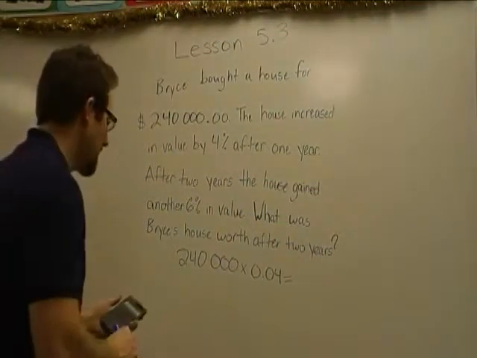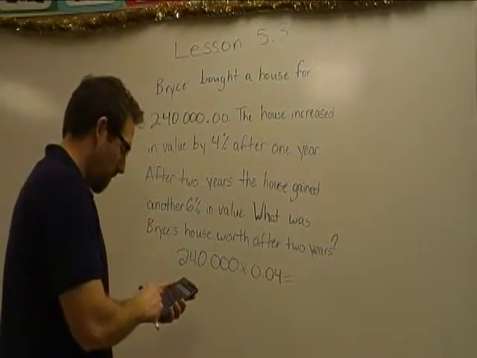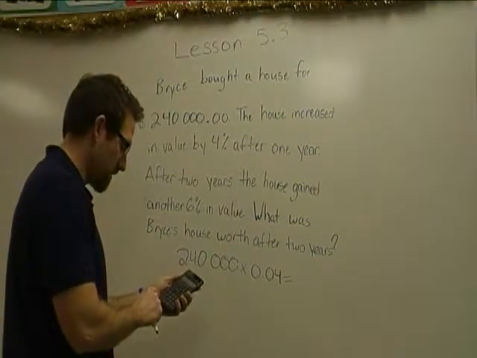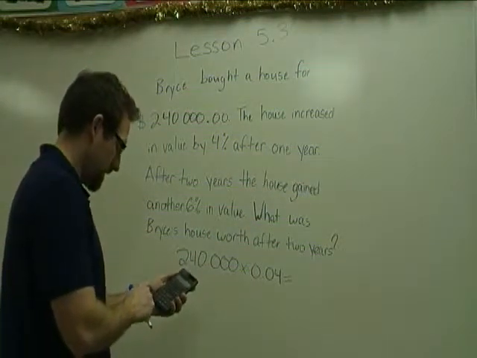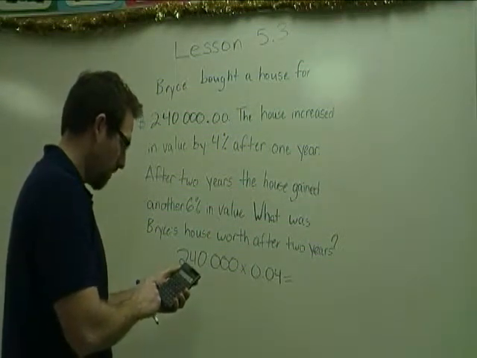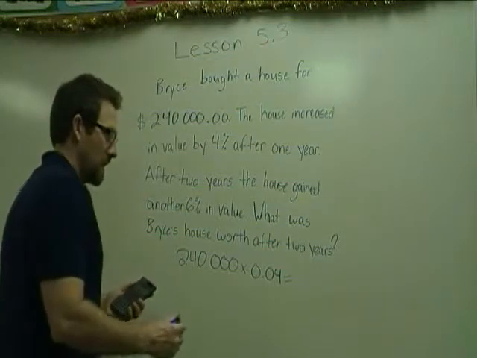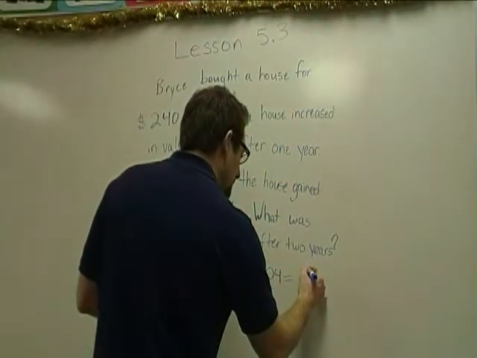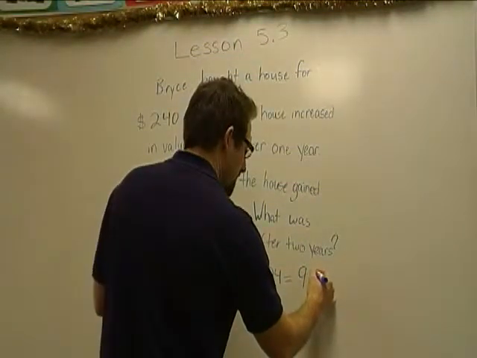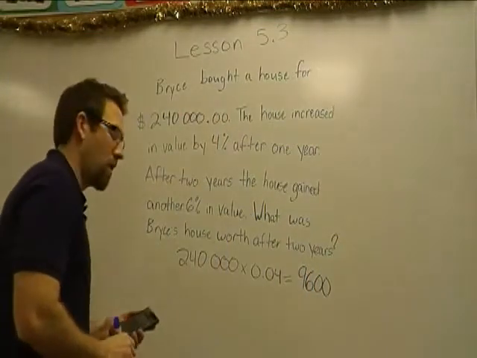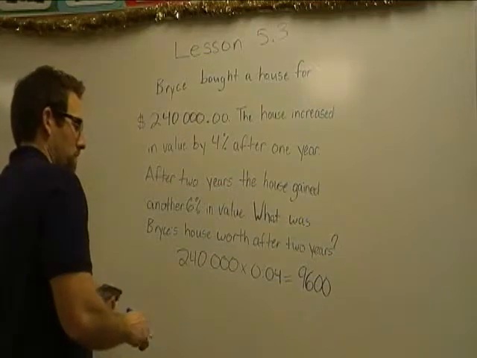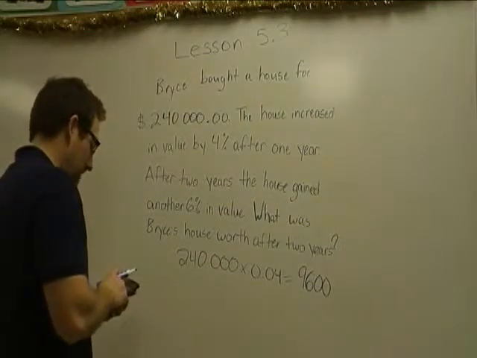So go ahead, punch that into your calculator. 240,000 times 0.04 equals. And you can see that the house increased in value $9,600. So let's figure out what it was worth after that first year.